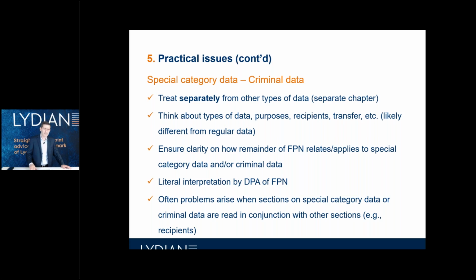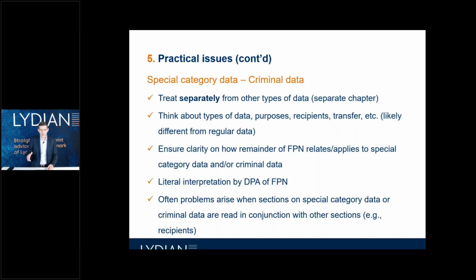I'll explain a little bit. If you treat the subject of special category data or criminal data, in most cases, the processing of those types of data will be different from the processing of other types of so-called regular data.